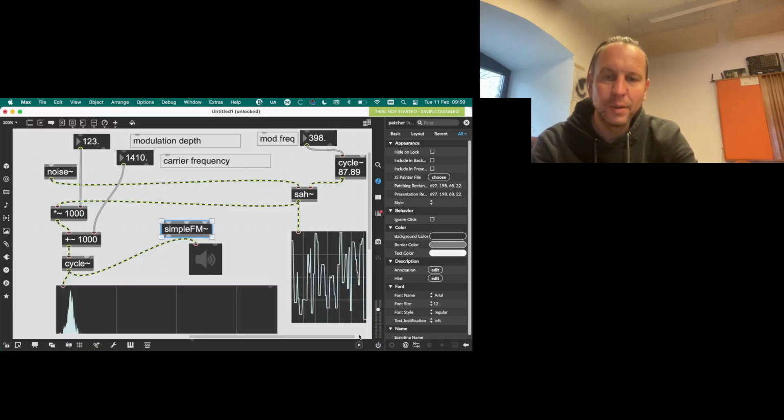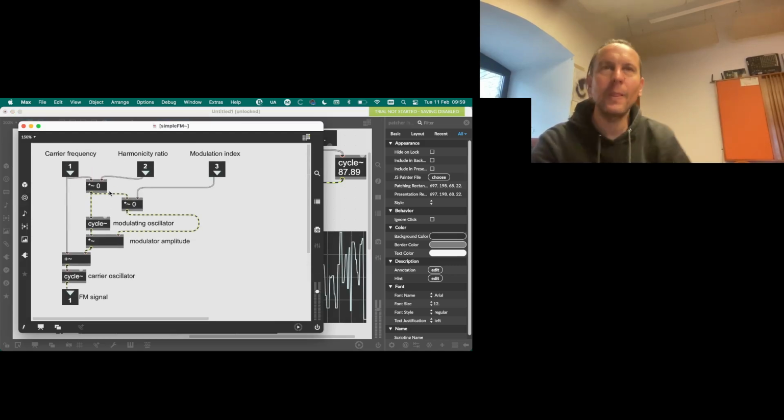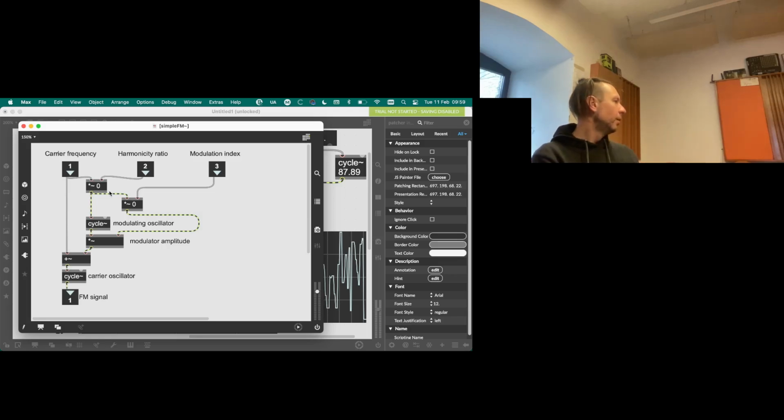The user-friendly ones are the following. Carrier frequency stays the same because it's your input for the pitch. Harmonicity and modulation index. And you see there are 2 multipliers there, extra. And you see how they're kind of interconnected, these new parameters?